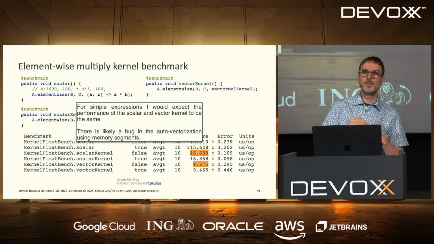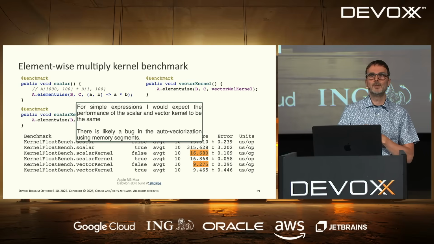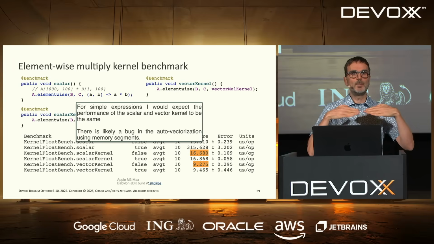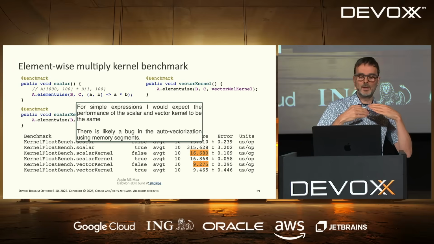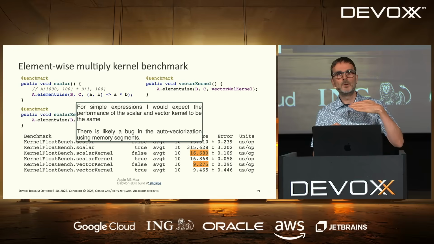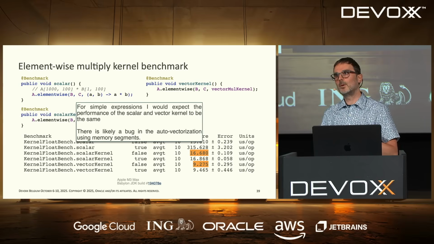But actually they don't, because I think there's a bug in the auto-vectorizer in memory segments, so I need to go look at that to fix it. But the point is, in this benchmark, if we pollute the call sites, using the kernels we're not impacted by that problem. So we've solved, in this case, the inlining problem.